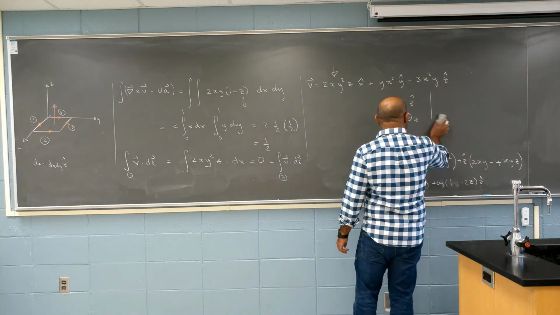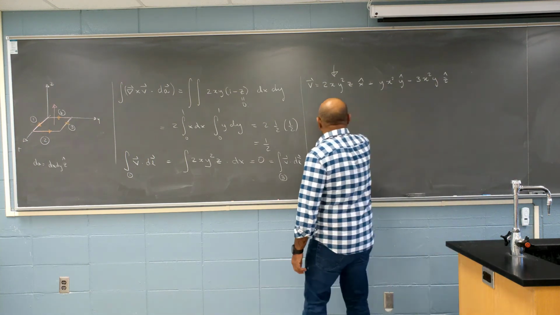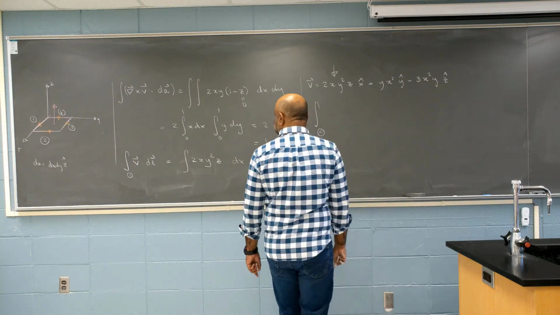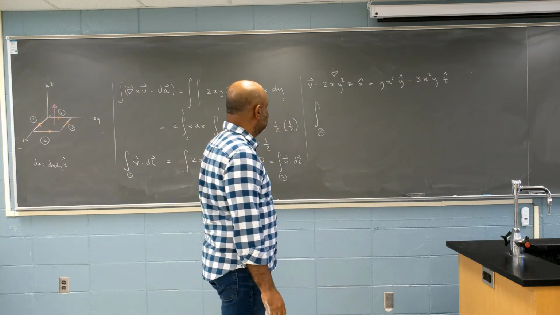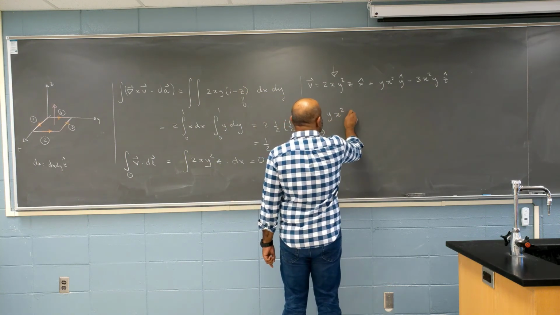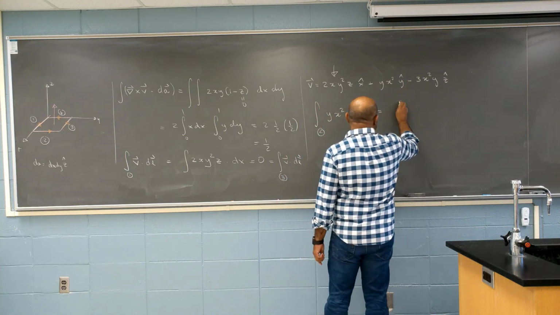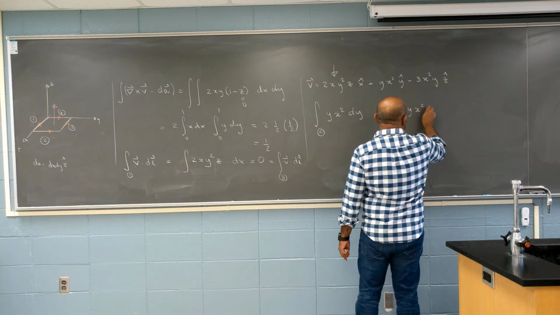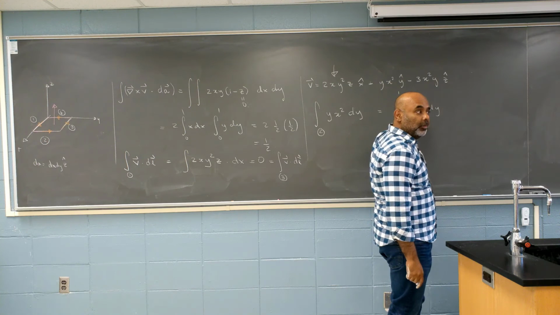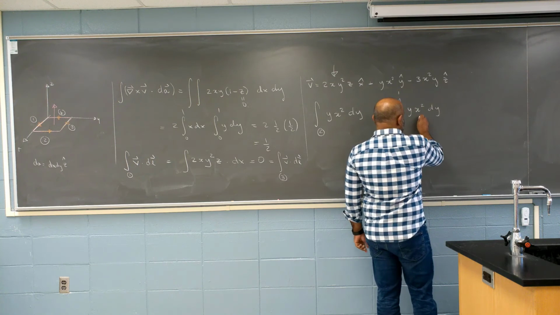What's the next path? 2 and 4. Path 2 is dy, correct? Yeah. So it is y x squared dy, 0 to 1. When x equals, on path 3, what's the value of x? Equals 1.